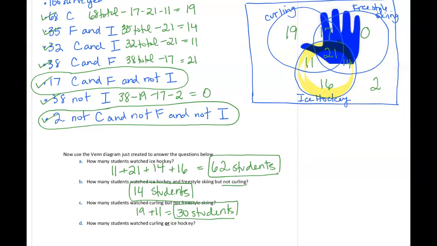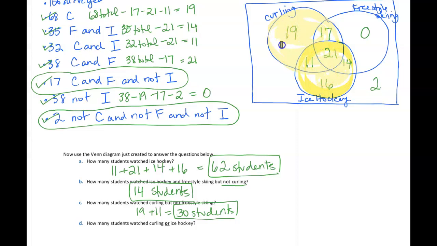Part D, how many students watched curling or ice hockey? So or indicates our inclusive or. They can be inside the curling set or inside the ice hockey set or where they overlap. So anything inside any of the yellow.